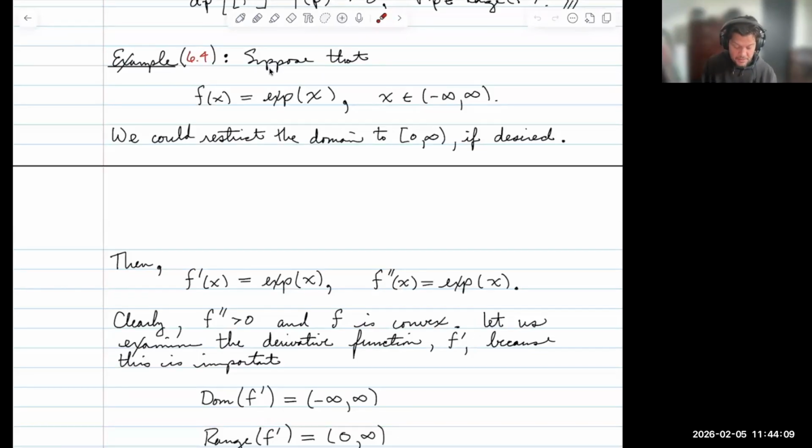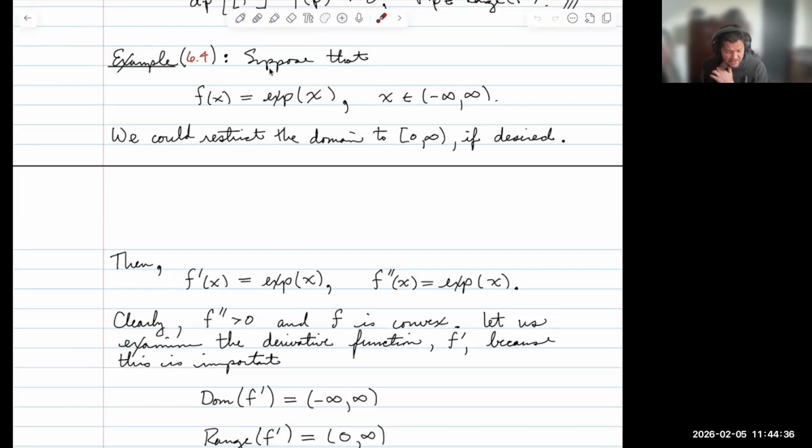Let's take a simple example here. So suppose that f of x is equal to e to the x. We can restrict the domain to 0 to infinity if you wanted to, but we don't have to. That was just for our thermodynamic purposes. And the natural domain for this function is, of course, all real numbers.